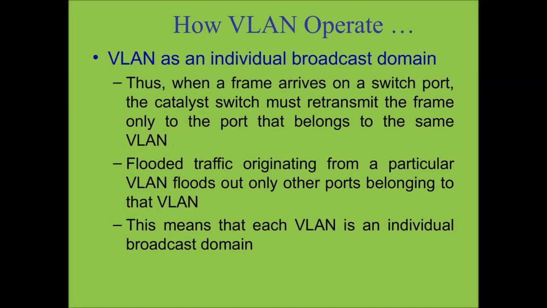How do VLANs operate? VLANs act as individual broadcast domains. Every virtual LAN contains its own individual broadcast domain. So there are three important points over here. Point number one: when a frame arrives on a switch port, the Catalyst switch must retransmit the frame only to the ports that belong to the same VLAN.